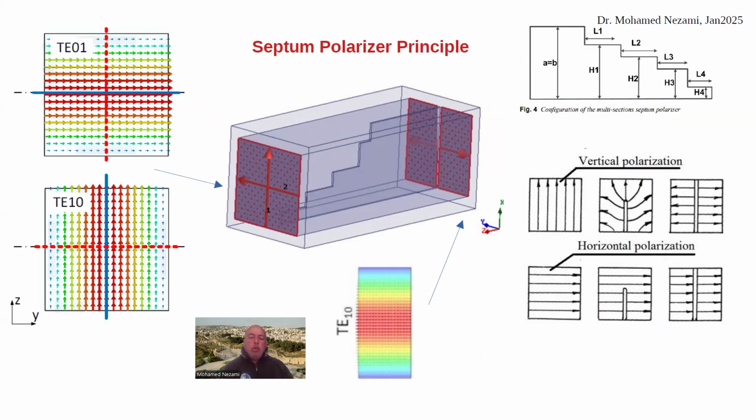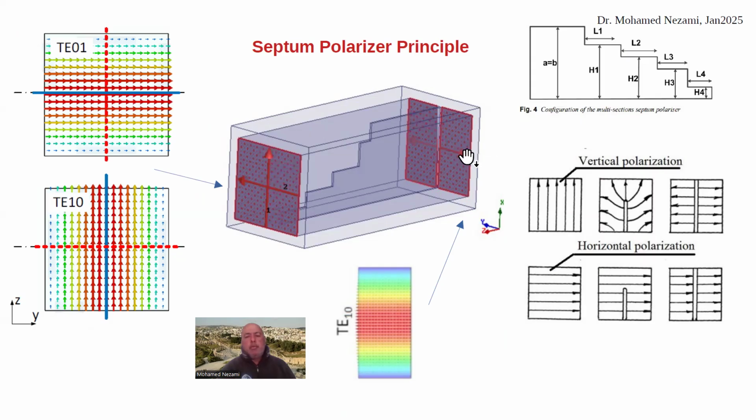But basically, what we want to do is get a square waveguide or a circular waveguide and put a stepped septum that will demultiplex the vertical and horizontal portions of either a counterclockwise or clockwise rotating signal, meaning right-hand or left-hand circular polarization, and separate them into two rectangular waveguides.